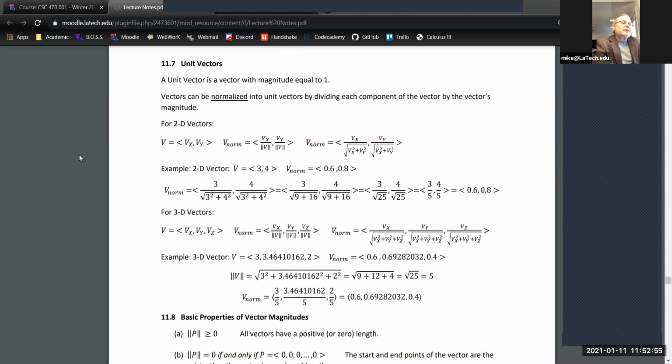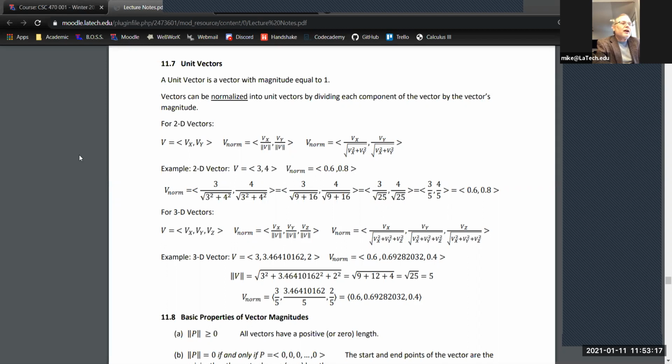If that's the case, you compute a vector, maybe we've gotten a vector v, and we want to normalize it. We want to turn it into a unit vector. So what you do is you calculate the length of v, the magnitude of v, and then you divide each of the components by that magnitude, and that'll give you a unit vector.